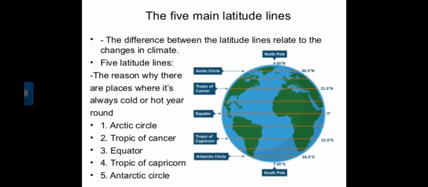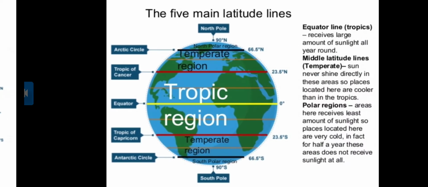The difference between the latitude lines related to the changes in climate. How you are to analyze it and how you are supposed to integrate it into the topic we are learning, pressure belts or the ocean currents or the wind system, the atmosphere, the lithosphere, all of that is very important.